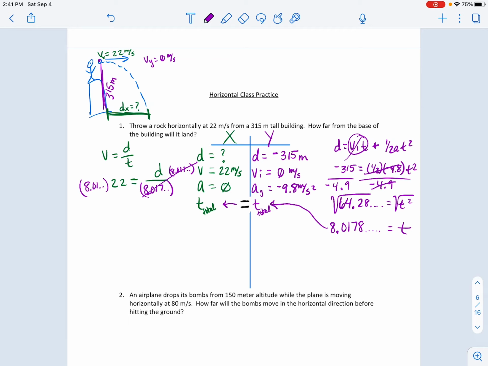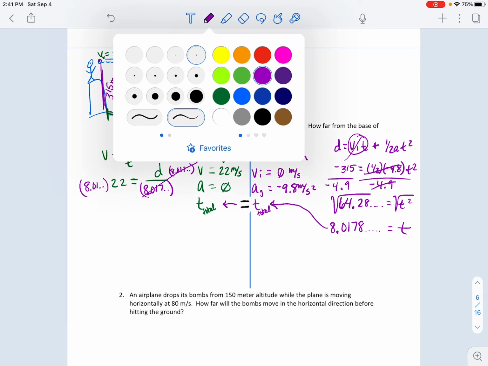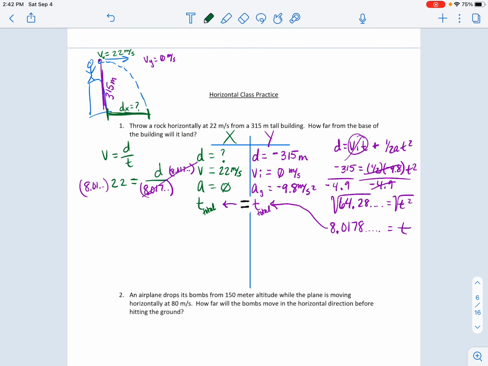So I'm going to multiply both sides by 8 in order to get d all by itself. And now that is going to give me 176.39. This is what I'm solving for. This is the value I want to round for sig figs. My least number of significant figures was 2, so this is going to round to 180 meters.